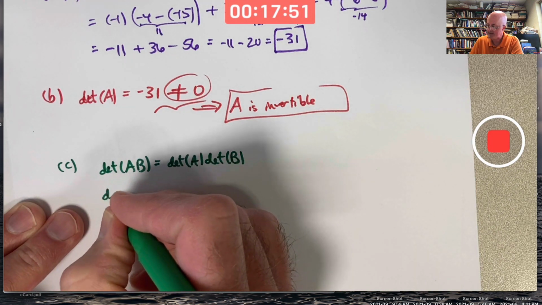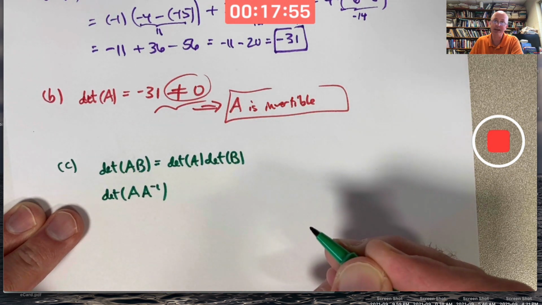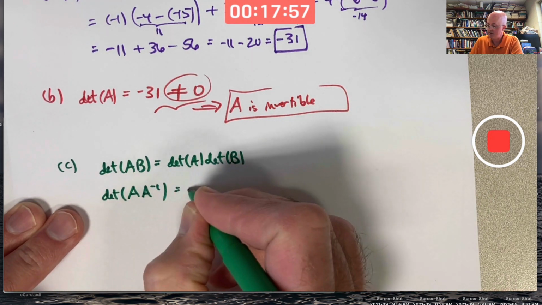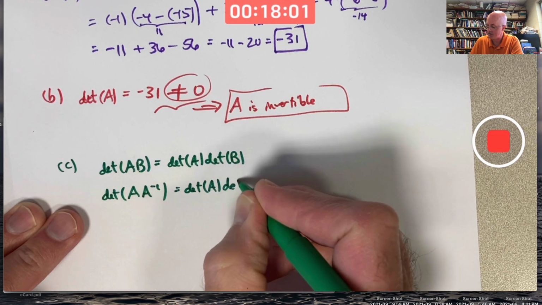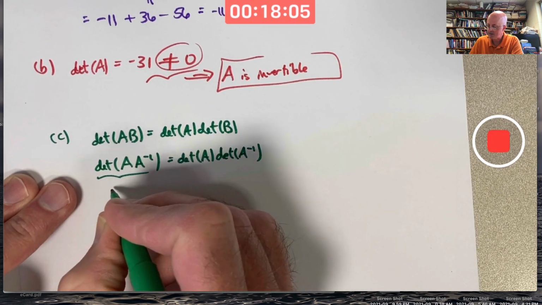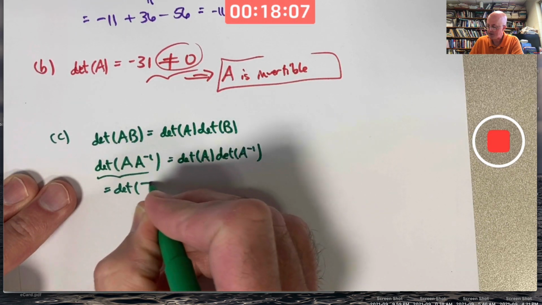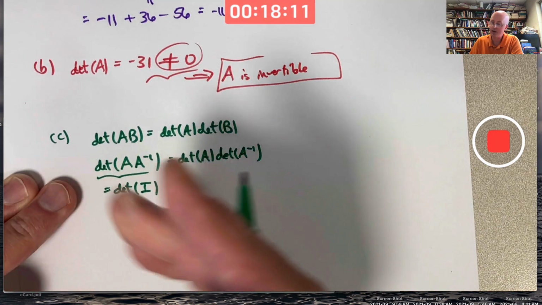If you apply this to the product of A and A inverse, assuming A is invertible, that's the determinant of A times the determinant of A inverse. But A times A inverse is the n by n identity matrix, whose determinant is the product of the numbers on the main diagonal.